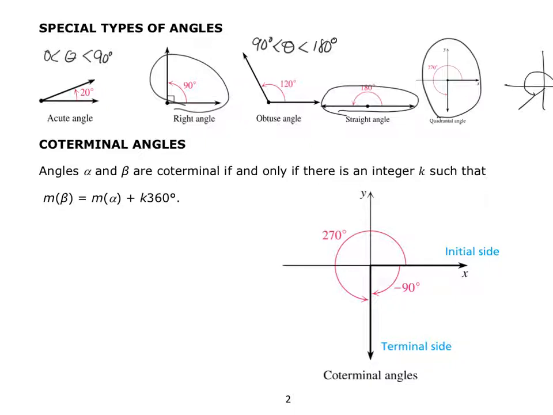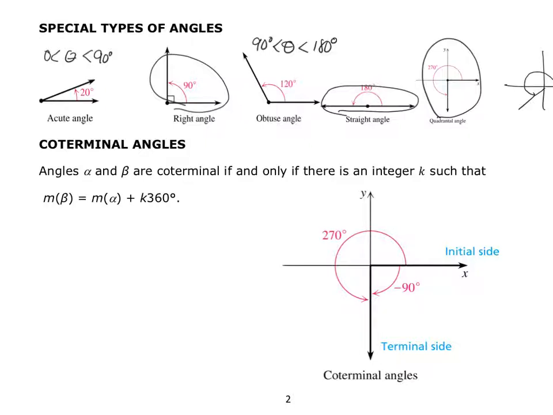They are going to be 360 degrees apart from each other. So again, coterminal angles have initial side and terminal side being the same. They are 360 degrees apart from each other. Okay?